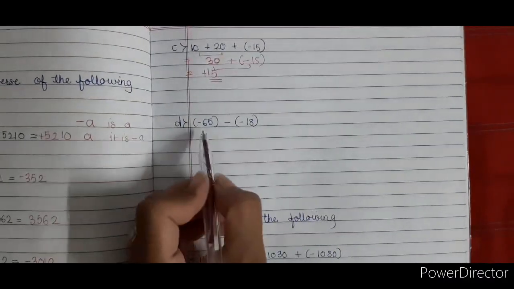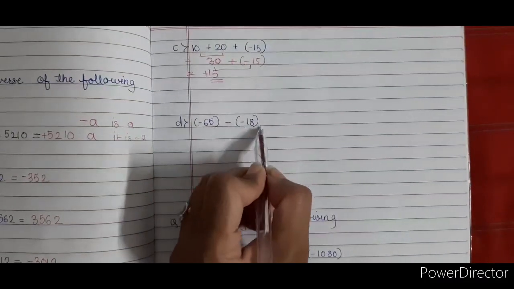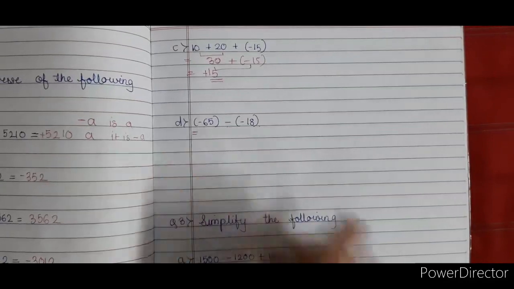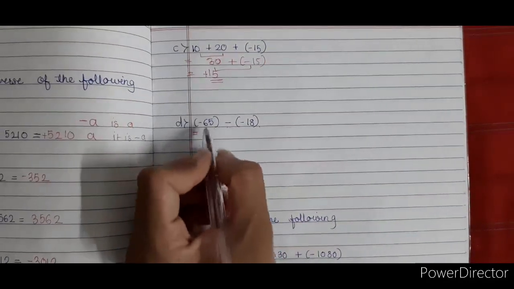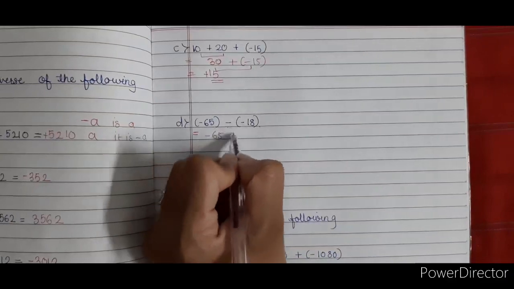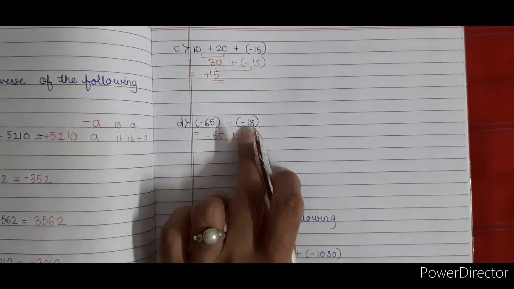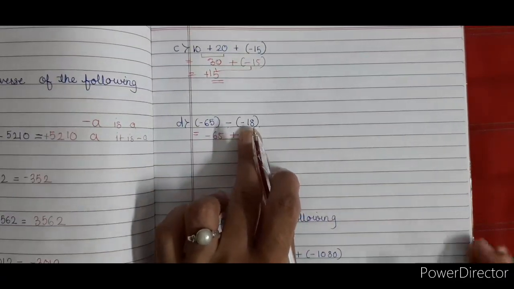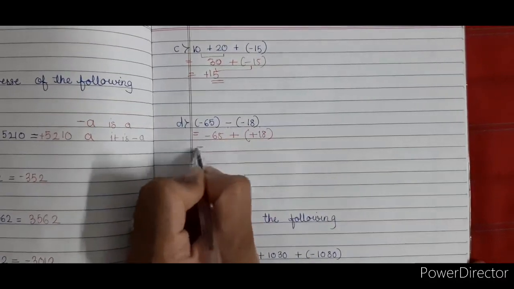Next sum. Minus 65 minus 18. So we have to subtract them. And when we subtract them, we convert it into addition. And what will we do? Minus 65 plus, and we'll add the additive inverse of minus 18, and the additive inverse of minus 18 is plus 18.